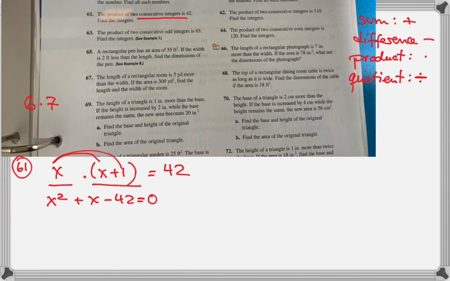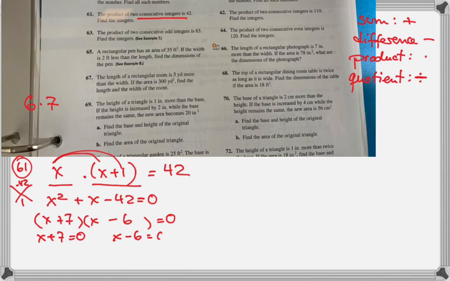You don't get any credit if you don't write the equation down. X here, x there. What two numbers multiply to -42 but add to positive 1? Plus 7, minus 6. So x plus 7 equals 0 and x minus 6 equals 0.